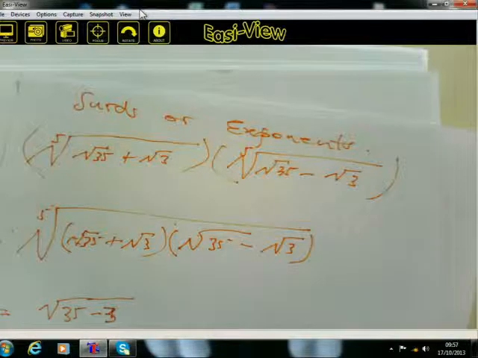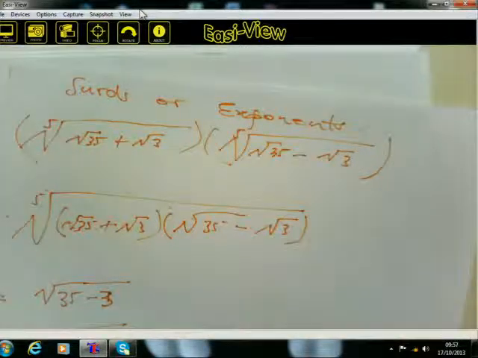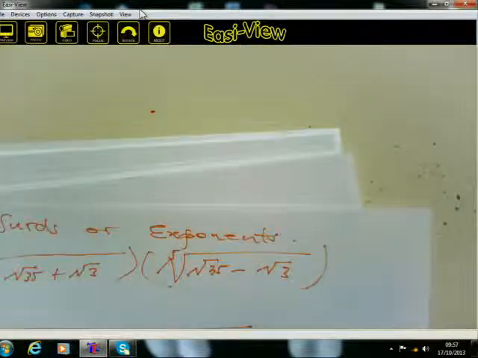Now let's go to the other one of the exponents. The other one of the exponents is this one.